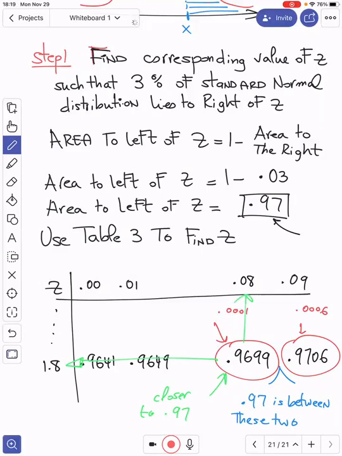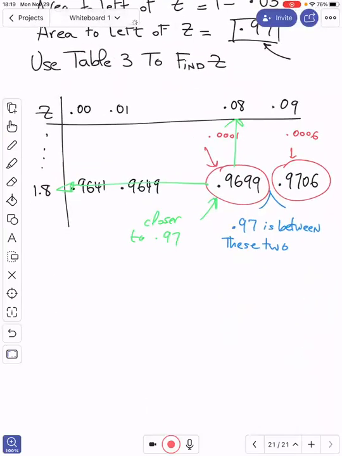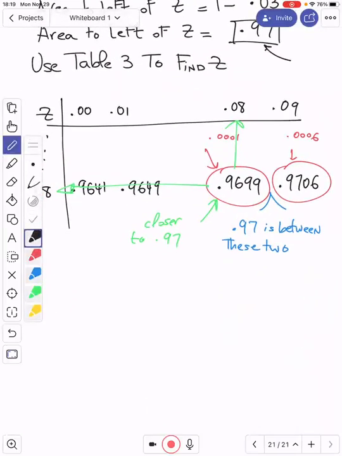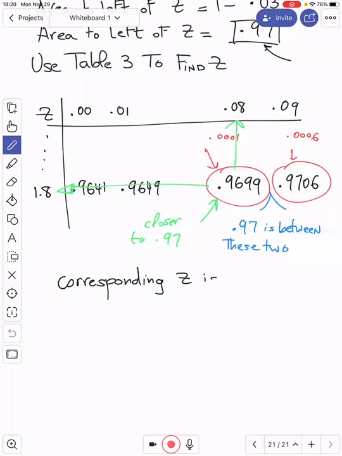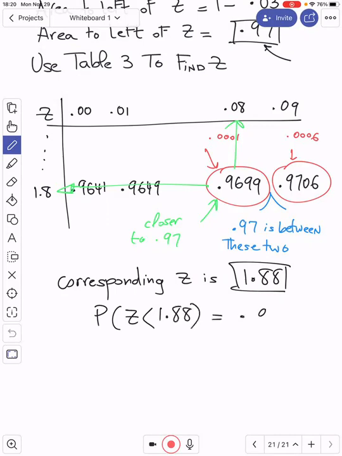So the corresponding Z is 1.88. In other words, the probability that Z is less than 1.88 is 0.97.